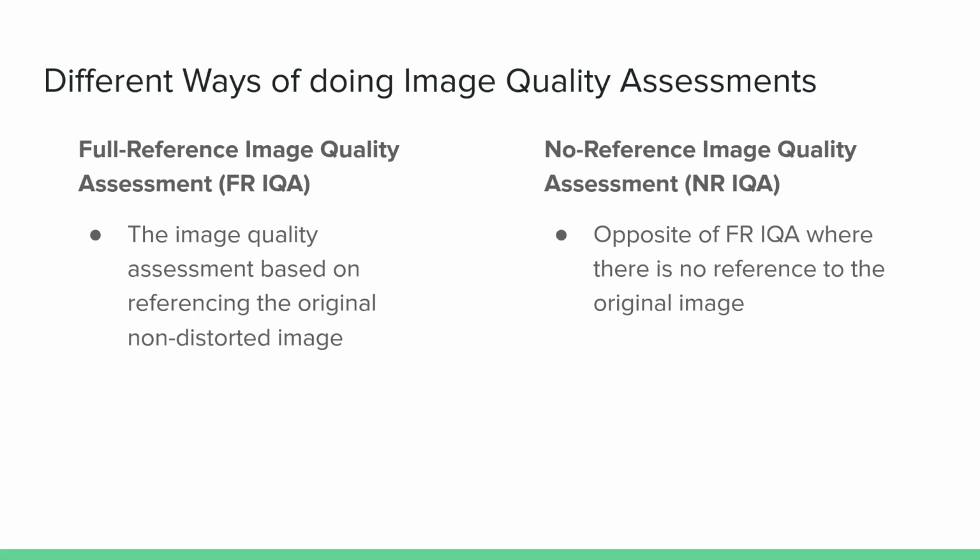But since you can't see the original good image, it's much harder to tell that this image has been altered, and the quality should be lower than expected when looking at the result of the image quality assessment. Using these examples, you can see how full reference image quality assessment is much easier than no reference, and how no reference can be one of the most difficult problems in all of image quality assessment.